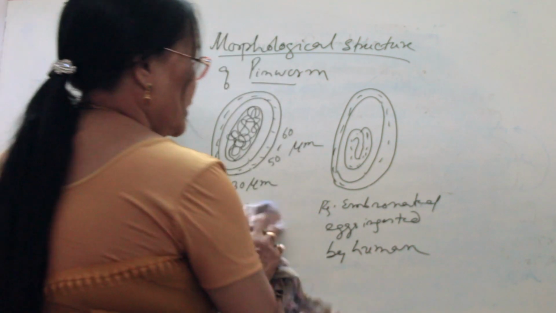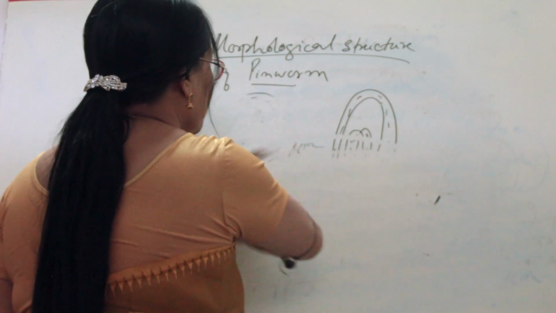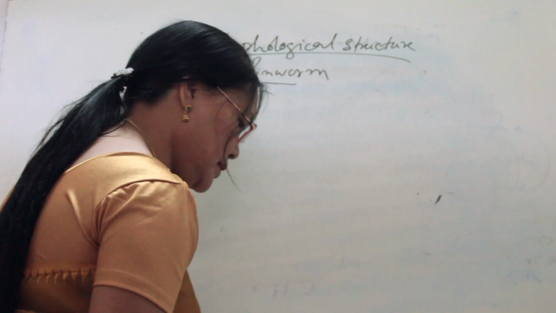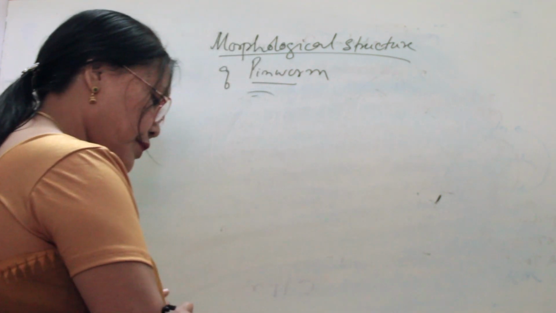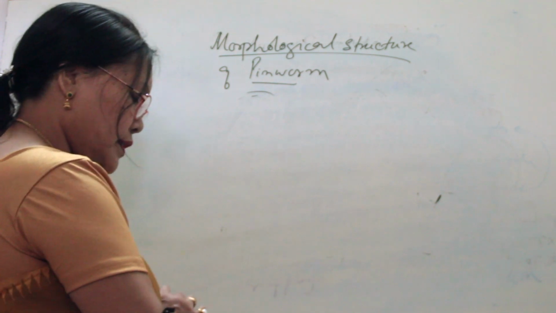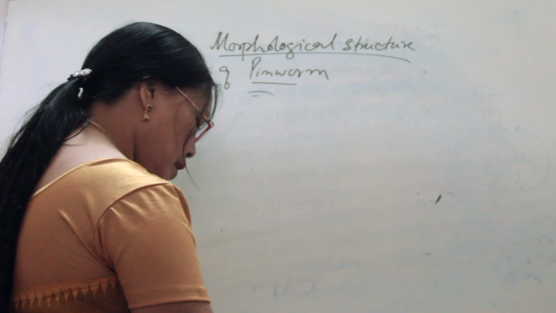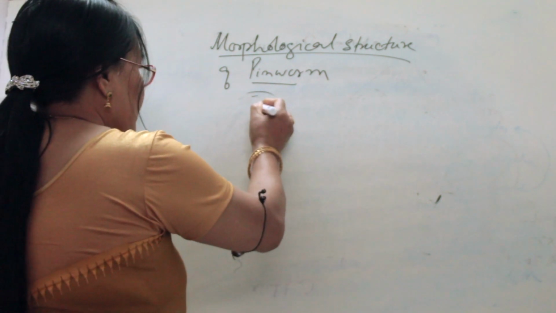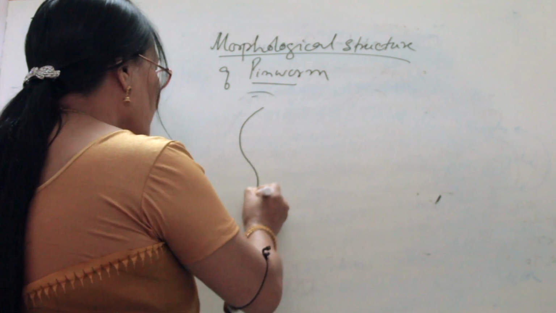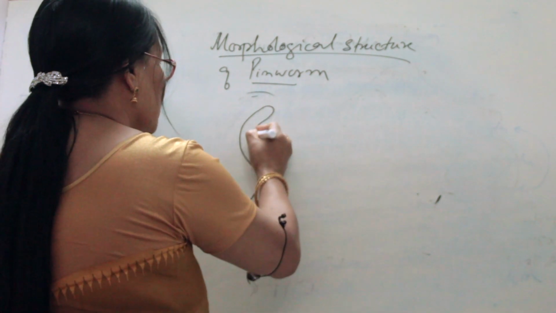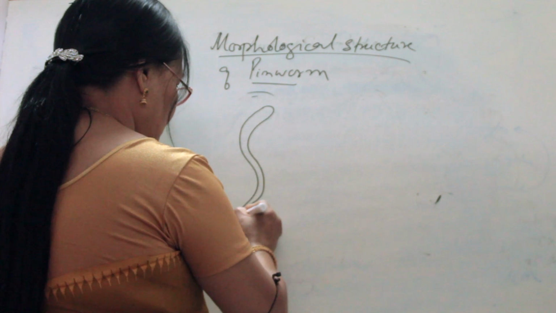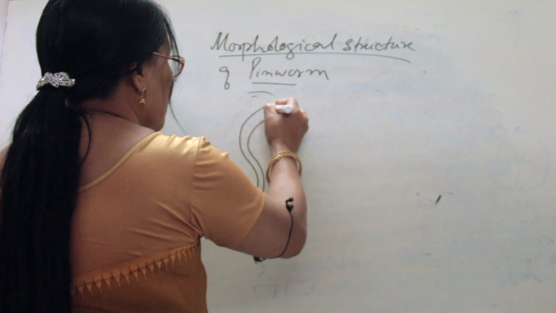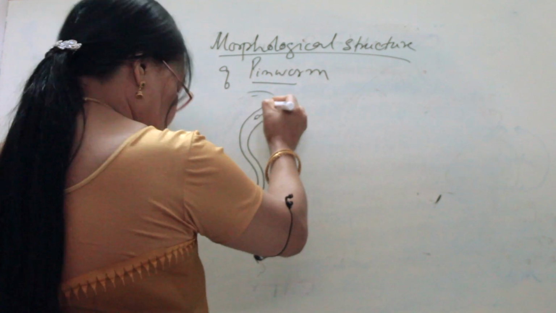Then the next structure is the larval stage. The larvae hatch in the small intestine. The first stage larvae are usually 140 to 150 micrometer in length. This is the larval form, and this is the esophagus.